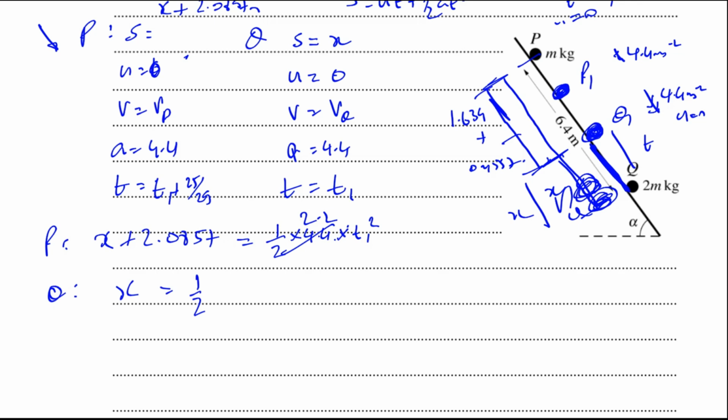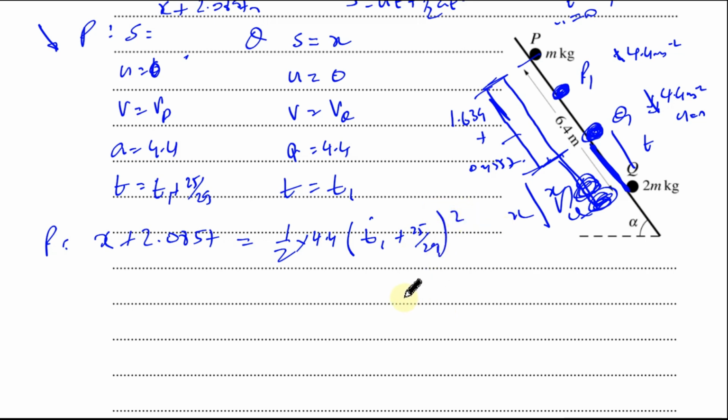Hold on, there's something wrong here. What did I do wrong here? Sorry. Let me correct that. Okay, so for P, X plus 2.0857 is equal to a half times A, which is 4.4, times T1 plus 25 over 29, squared.